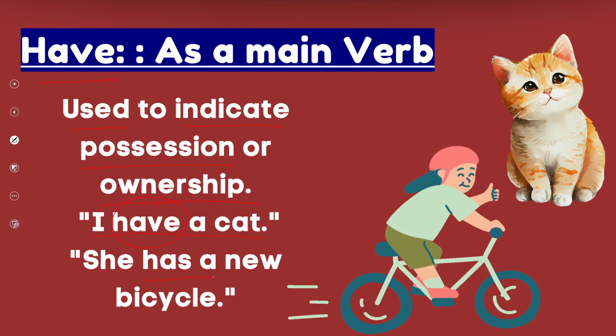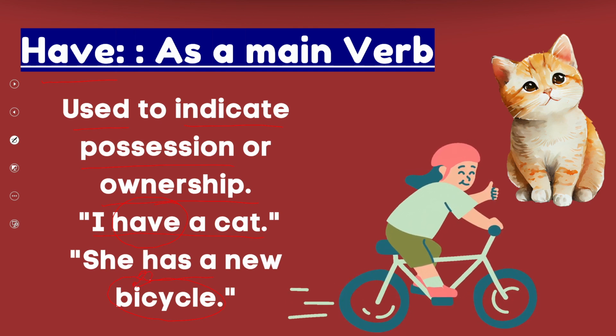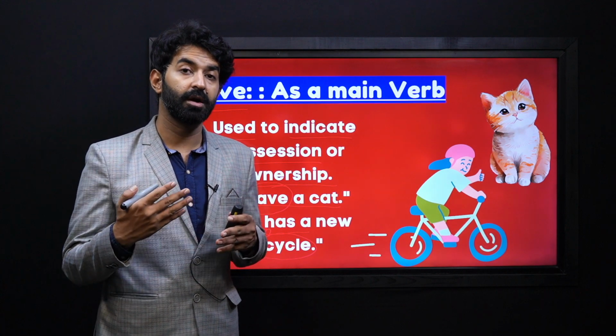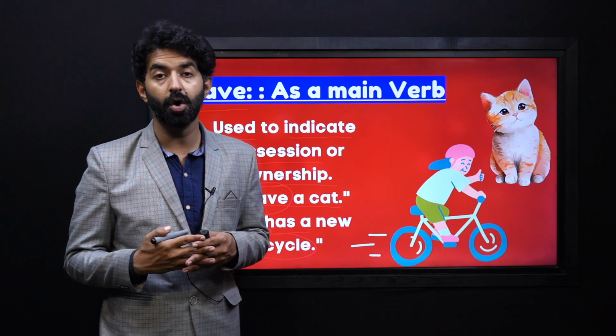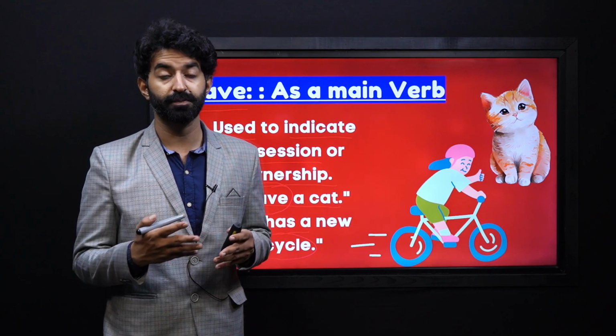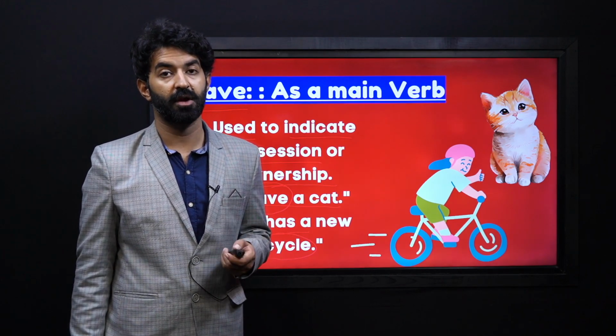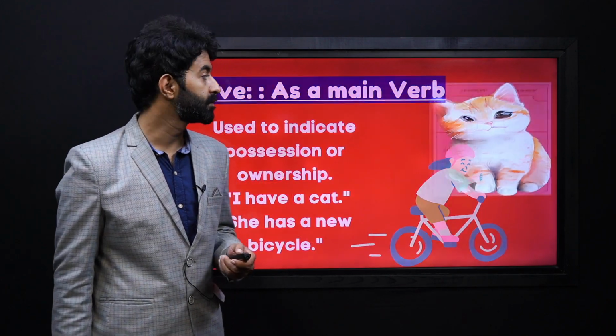She has a new bicycle. Now, the bicycle is in the state of possession of you. So, when we are showing a state of possession or ownership to the main subject, we use these auxiliary verbs as our main verb.